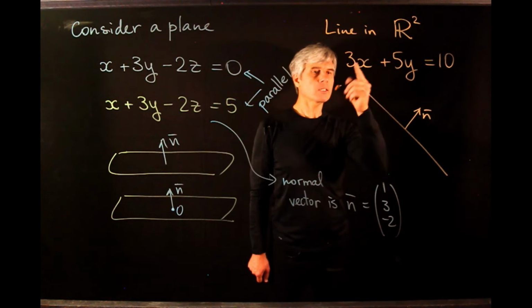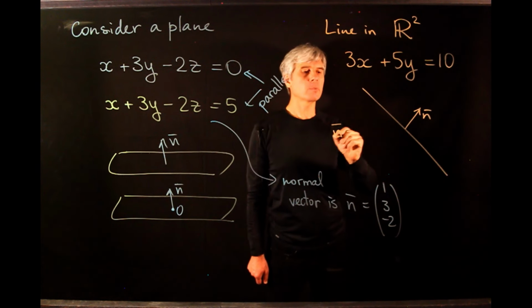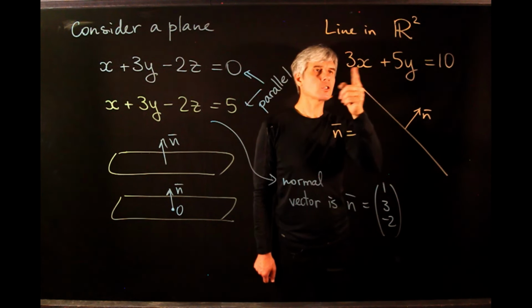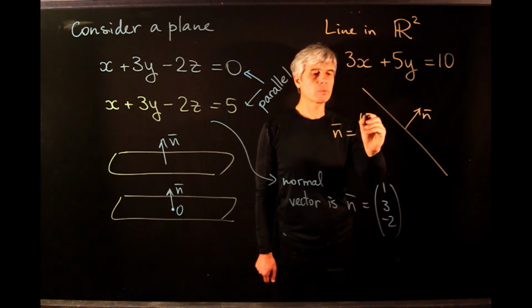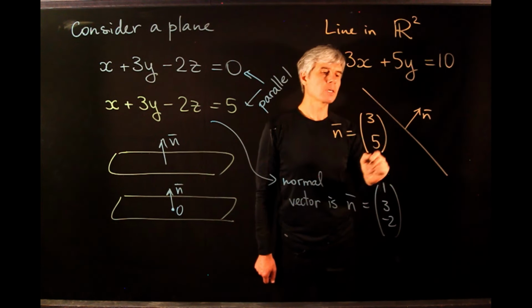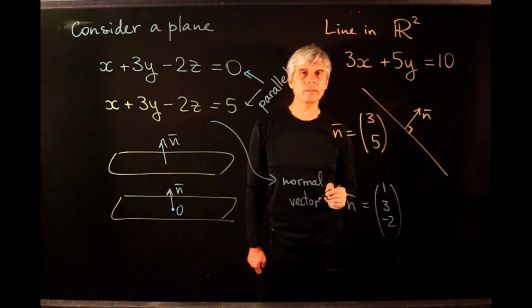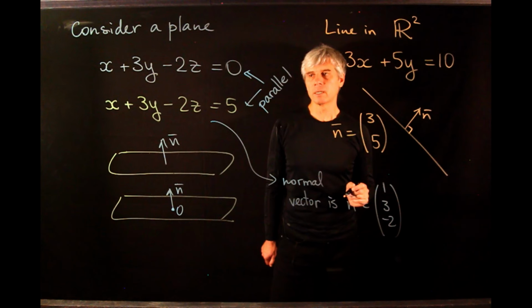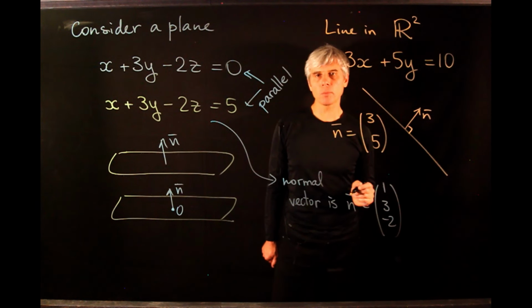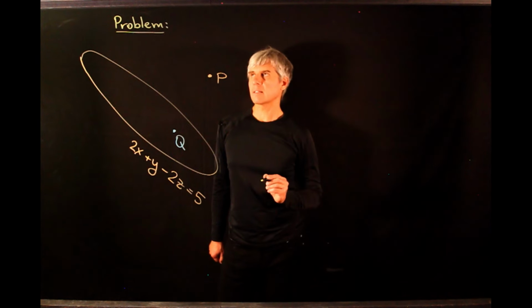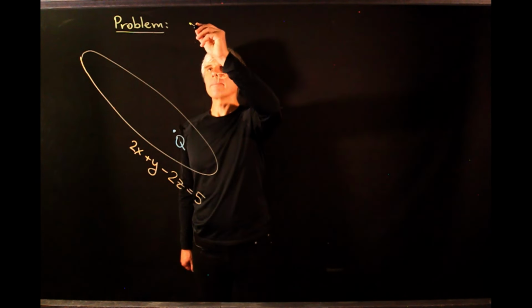Then the vector normal to this line can be read from the coefficients at x and y. So what we get is that the vector 3, 5 is perpendicular to this line. This little fact is extremely helpful when we solve problems on geometry of lines and planes. As an exercise, let's do the following problem.